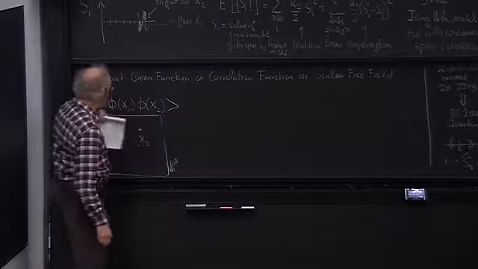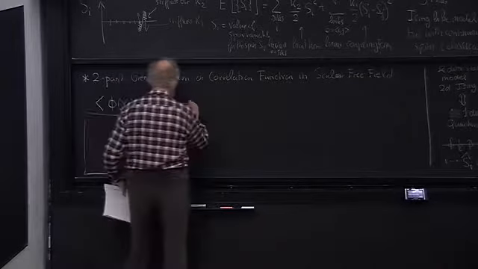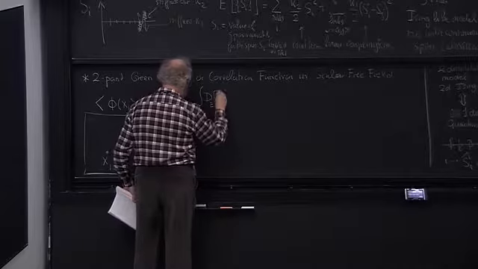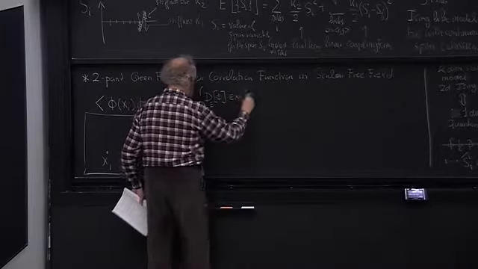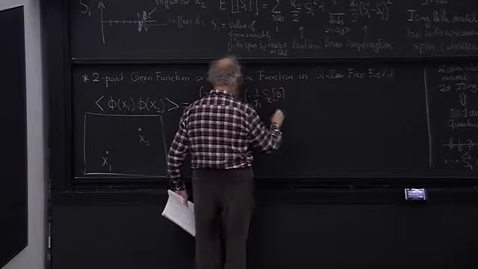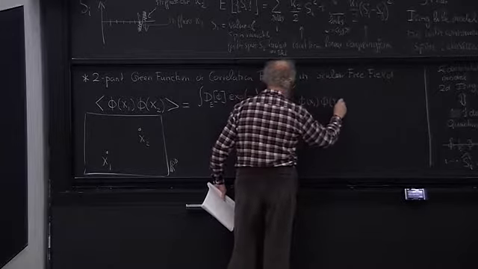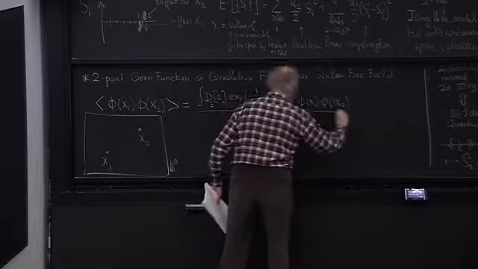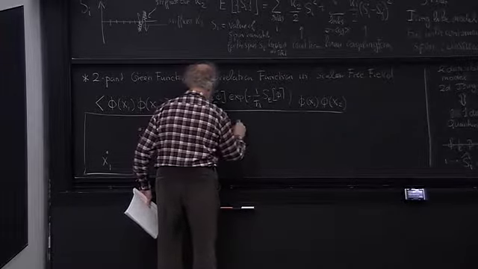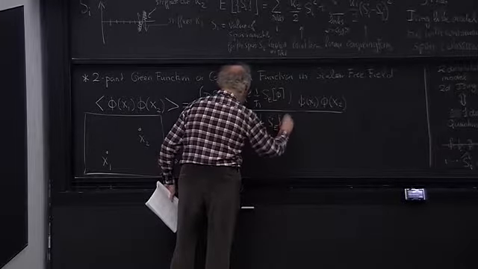And in a path integral formalism, for instance, this corresponds simply to computing the ratio of the following path integral: the integral over phi of exponential of minus 1 over h bar, the Euclidean action for the free field S_E of phi, times the value of the field at the point x1 times the value of the field at the point x2, and I normalize that by the partition function, which is the integral over phi of exponential of minus 1 over h bar S_E of phi.